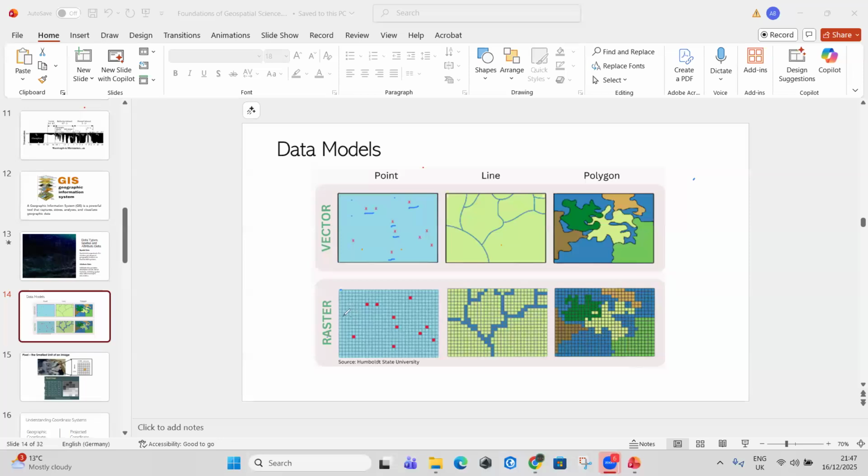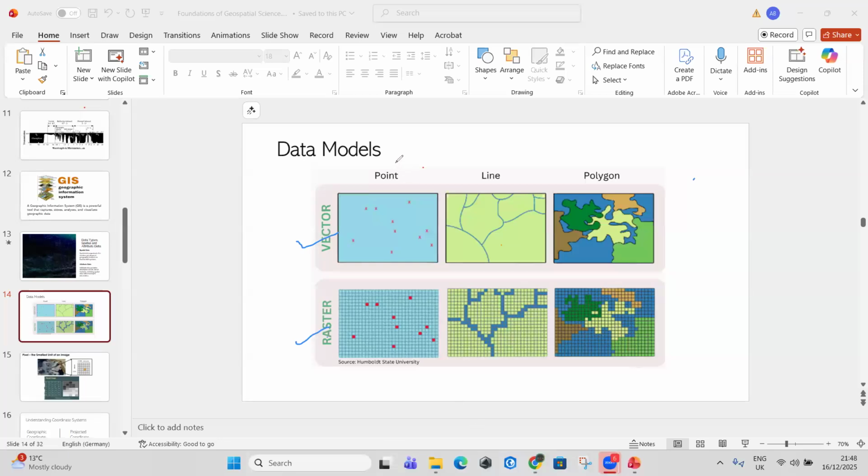It is defined. The value for this pixel is 0. But when I click here, it will say not defined. If I click here, it will say yes, public toilet. But the main difference between a vector data and a raster data is that raster is a continuous data and vector is a discontinuous data.